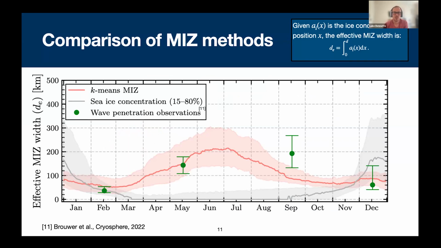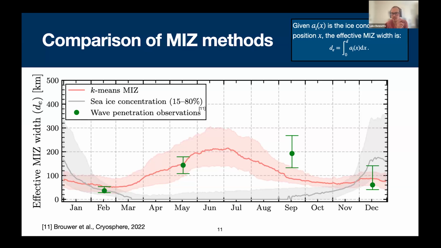So what you're seeing in red here is the predictions of the marginal ice zone effective widths over the year. So this is averaged over the 10 years. And effective means that we're also taking the concentration of the ice cover into account.